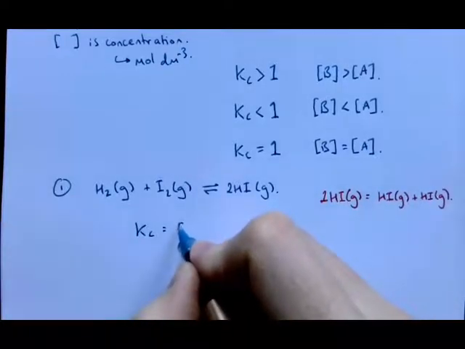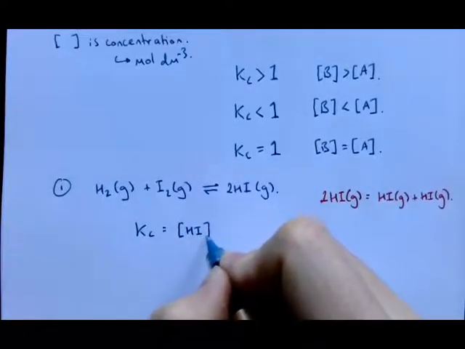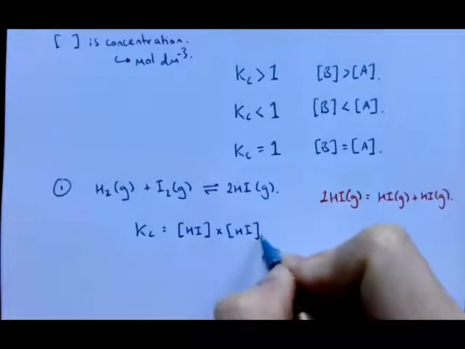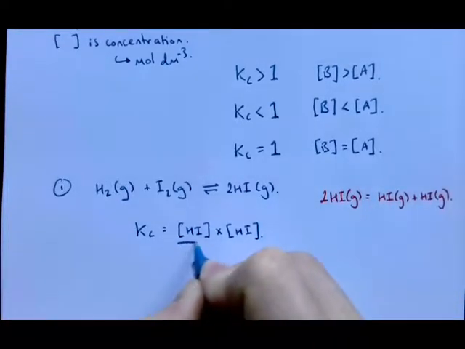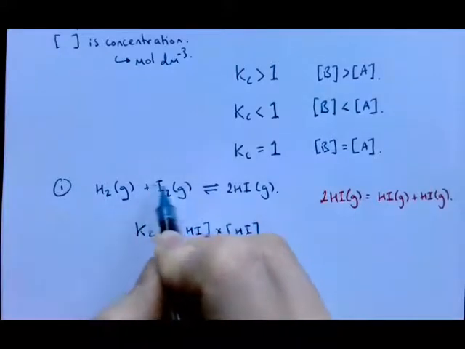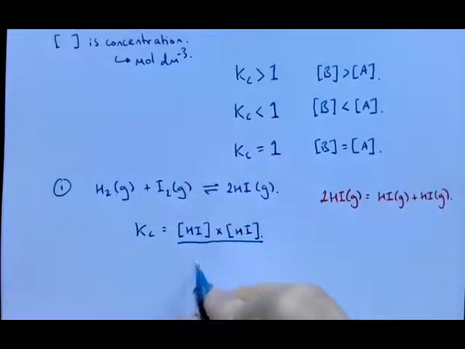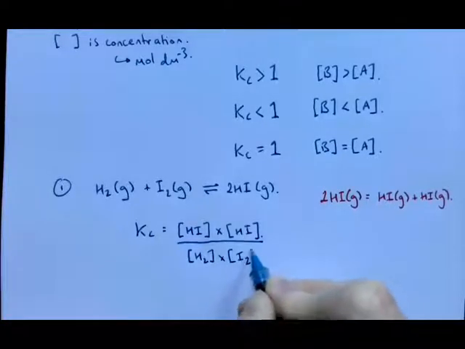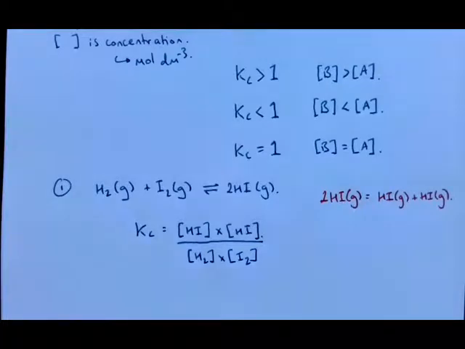So I do the concentration of HI times the concentration of HI, and I divide that by, over here, the concentration of these two multiplied together. Okay? And so that is my equilibrium constant.